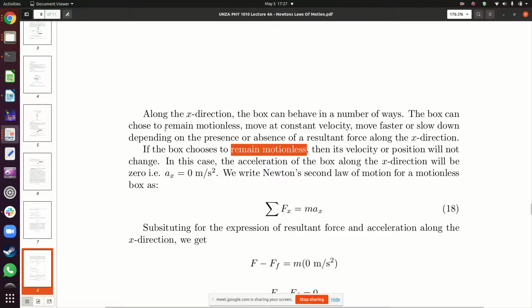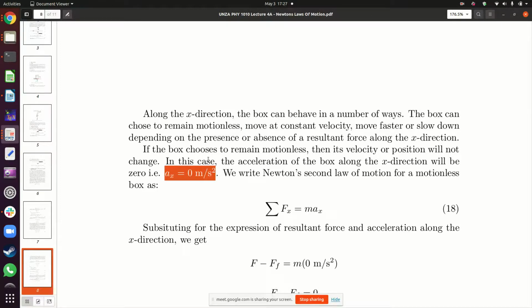If it chooses to remain motionless, then the velocity of the box is going to be 0. As long as it continues to remain motionless, the velocity of the box will continue being 0. So if the velocity is always 0, then there is no acceleration along the x direction. So in that particular case, the acceleration along the x direction is 0 meters per second squared.